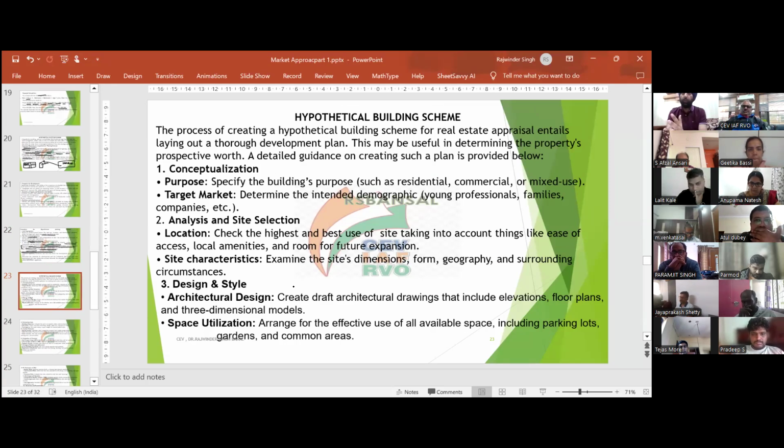Let us suppose you have an old bungalow in Connaught Place, Delhi. So in the vicinity there are commercial buildings and there is an old bungalow. You have to do the valuation. Then you have the only option of hypothetical building scheme.